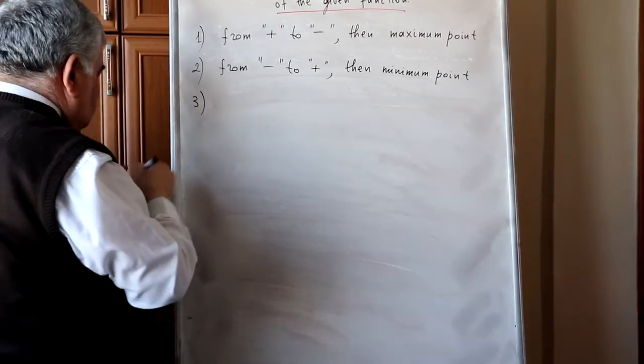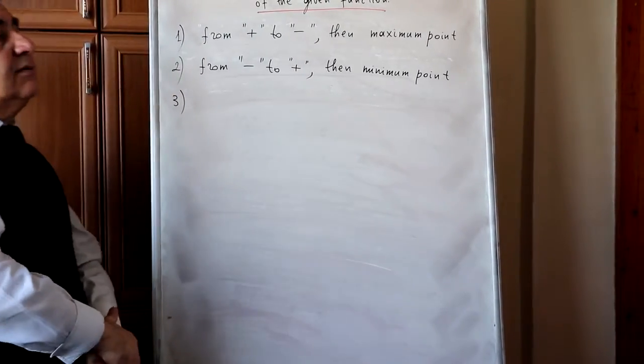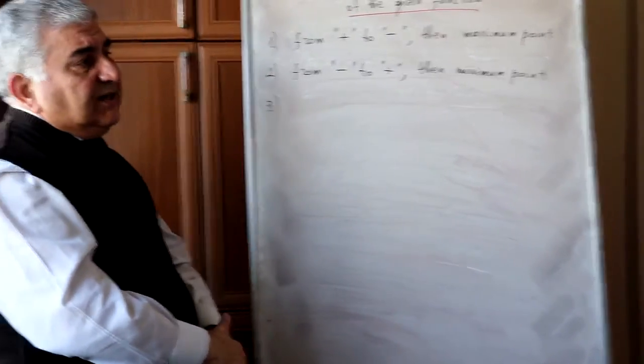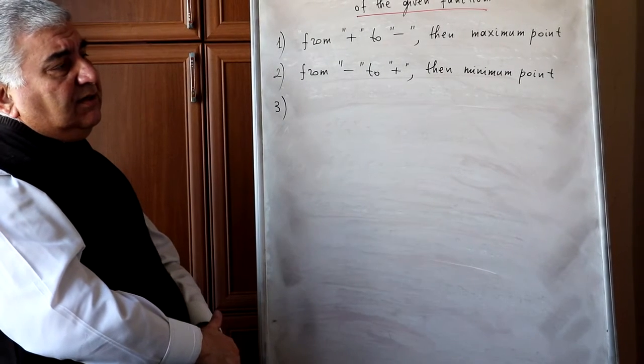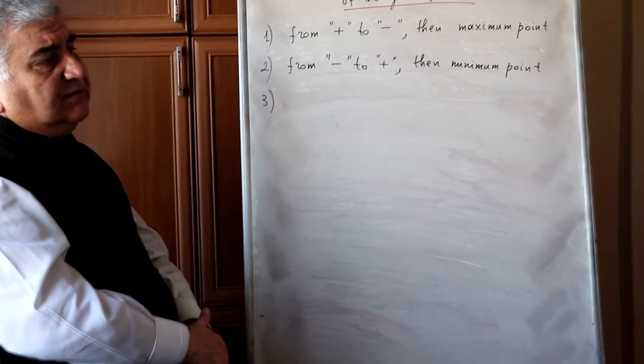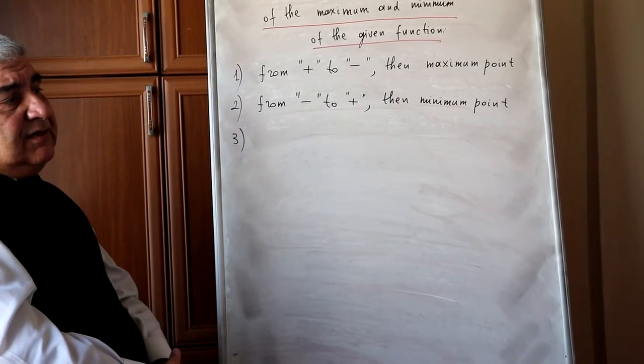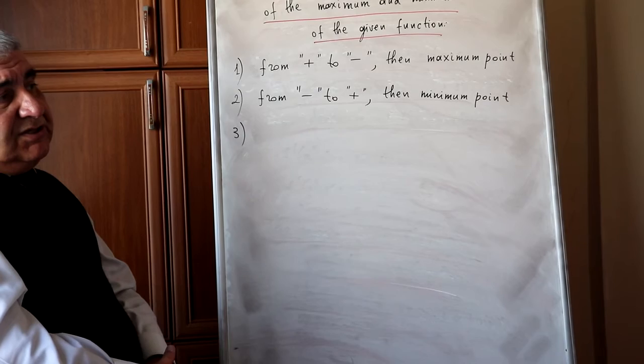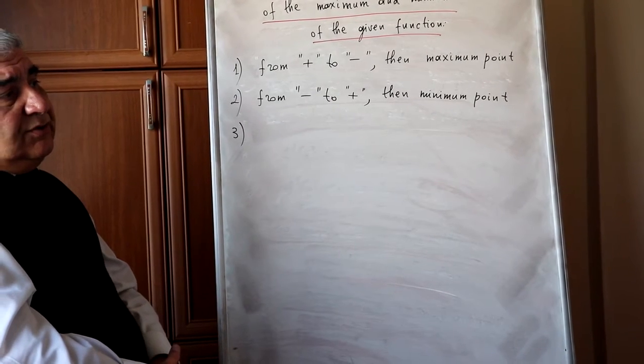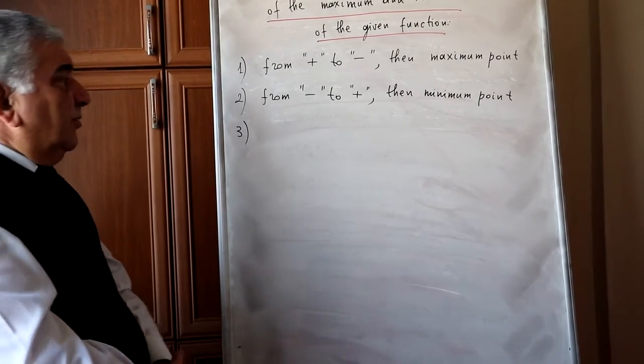But if in passing through the given critical point on the real axis from left to right, the sign of the derivative isn't changed, then the critical point isn't an extreme point.